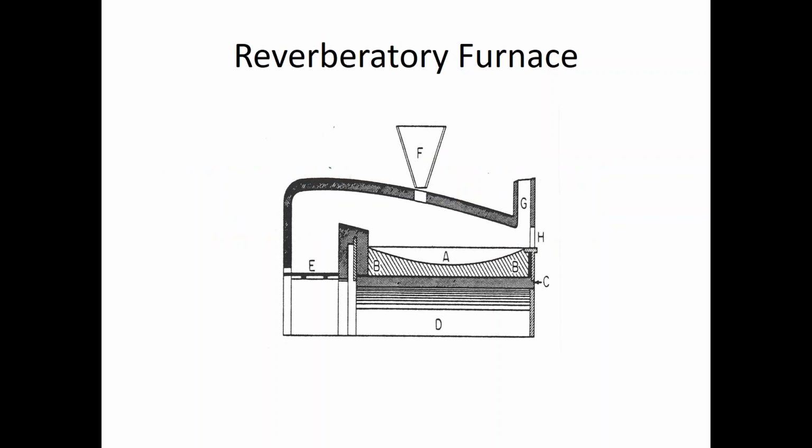So just for illustration purposes, here's a reverberatory furnace. Here is the pool of molten metal. And the fire, or the heat, comes out of E, and you exhaust out of G, and you have a lot more trouble in environmental characteristics with this furnace than with anything else.